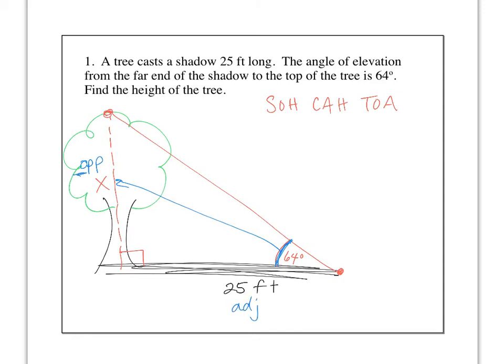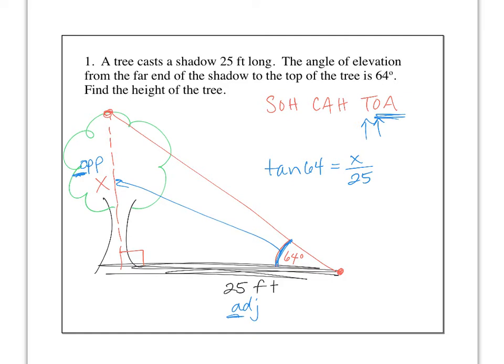So we're working with the O and the A. O and A go with TOA, so we're going to choose T. T stands for tangent. So tangent of 64, remember you always follow the function or the word with the angle, equals, opposite goes on top, so X, and adjacent goes on bottom, so 25. There, that's the hardest part, setting it up.